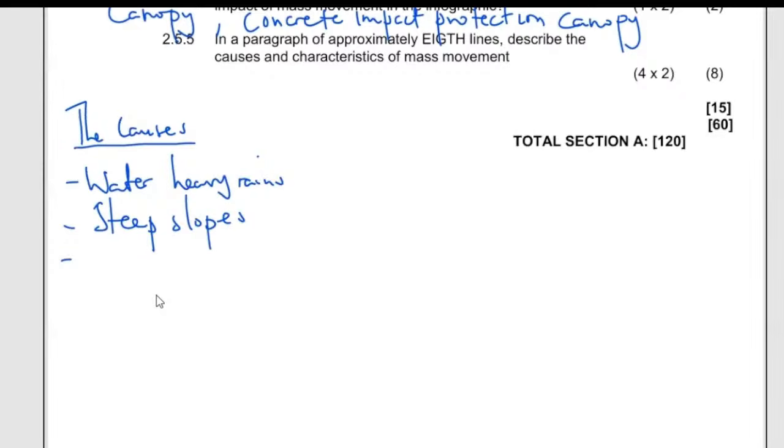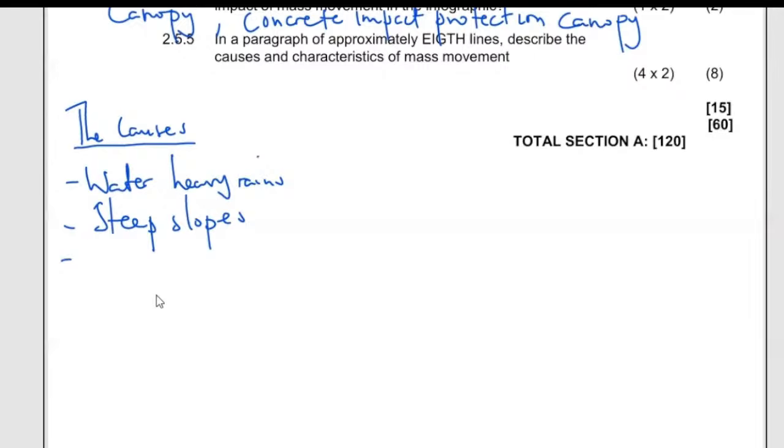So the implication here is if we're having heavy rains, the rainfall is going to act as a lubricant on the material and it is going to slide down the slope. The rainfall is also going to add weight to the landmass such that it becomes heavier and unstable and tends to move down the slope. Also, if your slope is steep, it facilitates the flow of material down the slope.